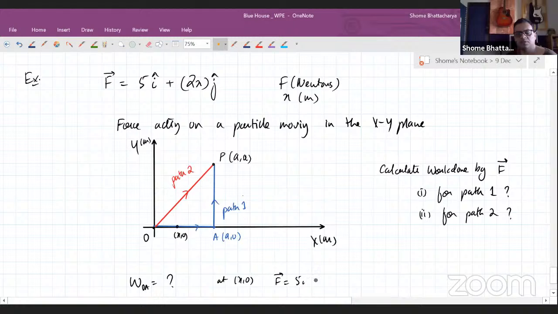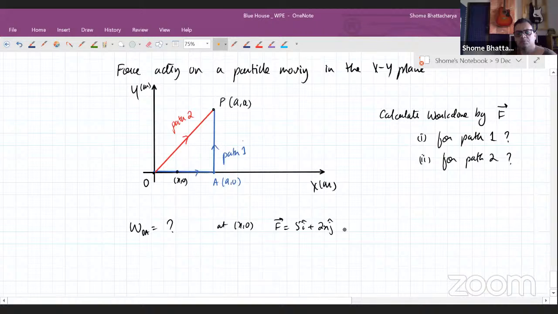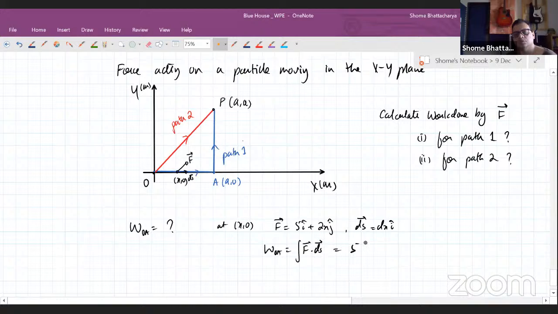So 5 i cap plus 2x j cap, and the displacement will be dx i cap. So at such a point, the force is like this and the displacement is like this. So work done becomes 5 dx integrated from x equal to 0 to x equal to a. So that becomes plus 5a.